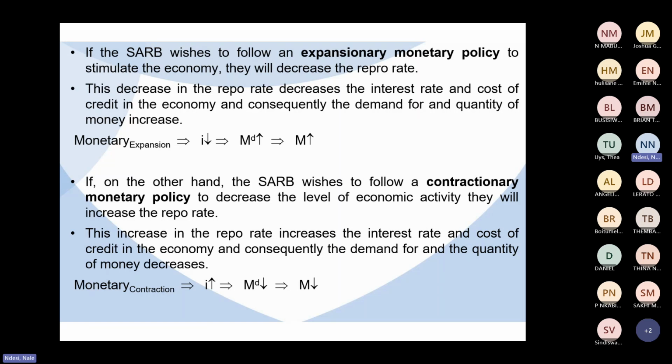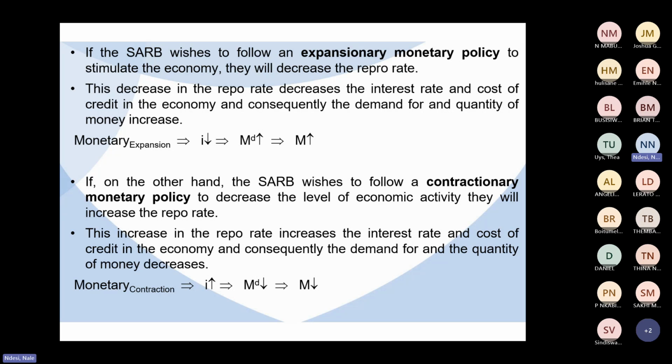If, on the other hand, the South African Reserve Bank wishes to follow a contractionary monetary policy, which is to tighten the economy, they will increase the repo rate. This increase in the repo rate increases the interest rates and the cost of credit in the economy, and consequently the demand for and quantity of money will decrease.